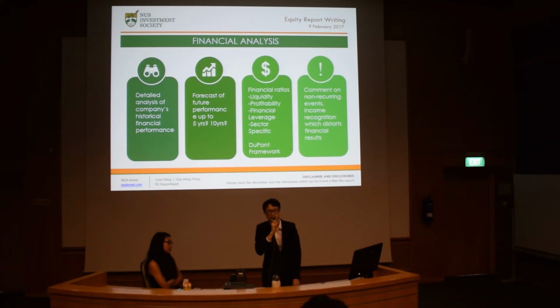For this analysis, you will be using financial ratios, which include liquidity ratios, profitability ratios, and financial leverage ratios. It will be even better if you can include sector-specific ratios as covered by the previous workshop. And you are also able to use the two-point framework for the analysis.